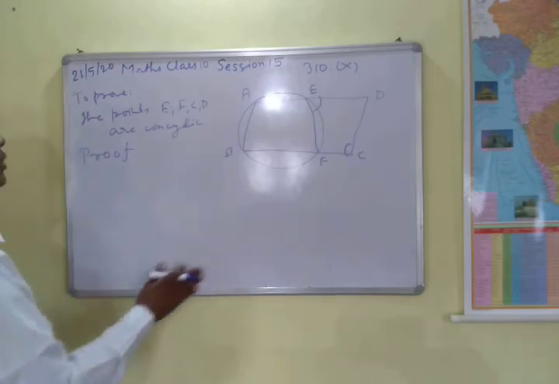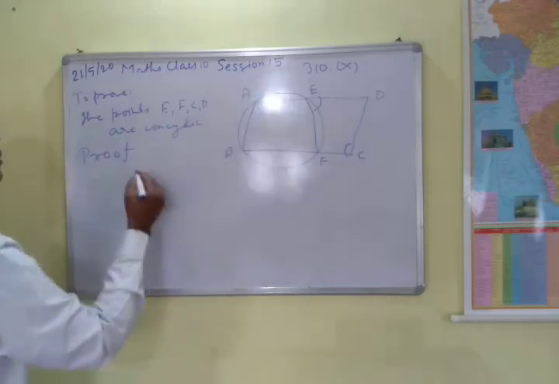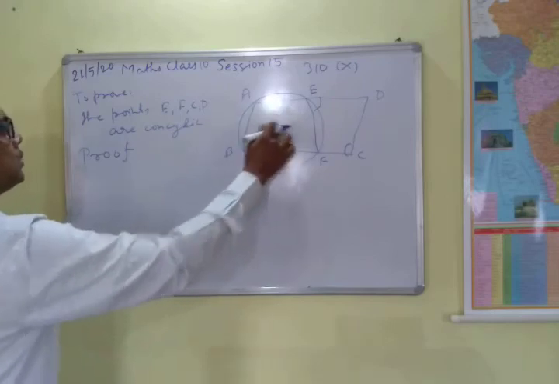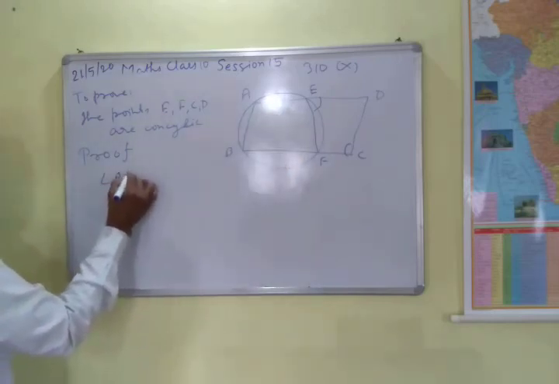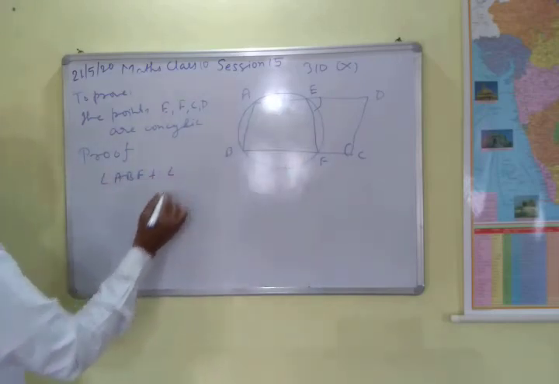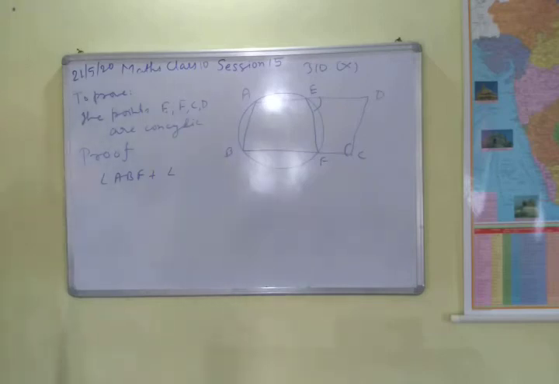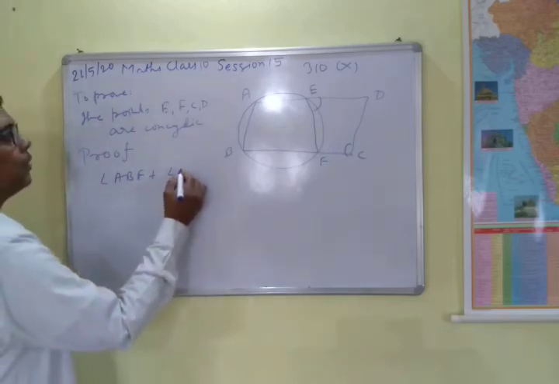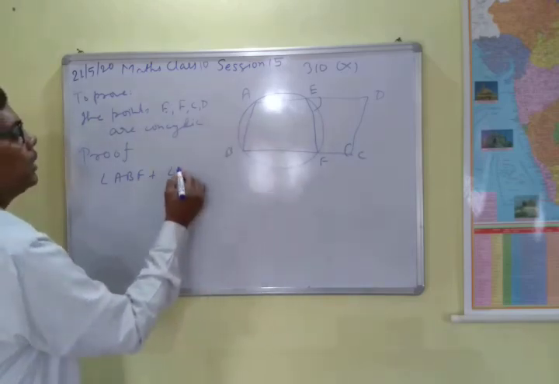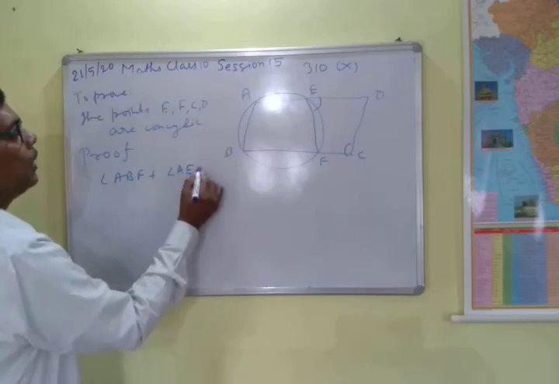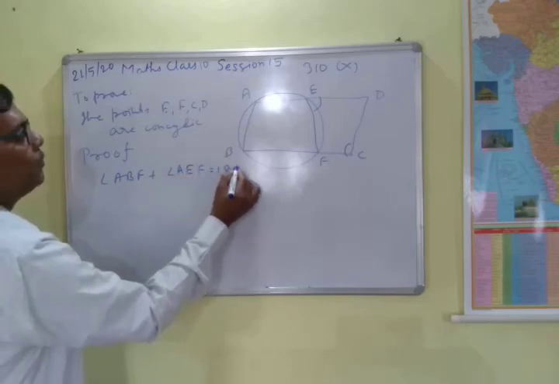So first start with this, that is angle ABF, that is in this cyclic quadrilateral, angle ABF plus angle AEF equal to 180.